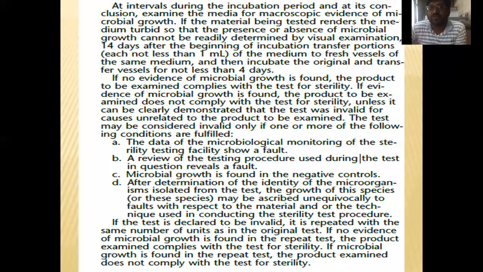At intervals during the incubation period, and at its conclusion, examine the media for macroscopic evidence of microbial growth. If the material being tested renders the medium turbid, so that the presence or absence of microbial growth cannot be readily detected, then during the 14 days, if you find any one test tube that is turbid, your sterility testing has failed.